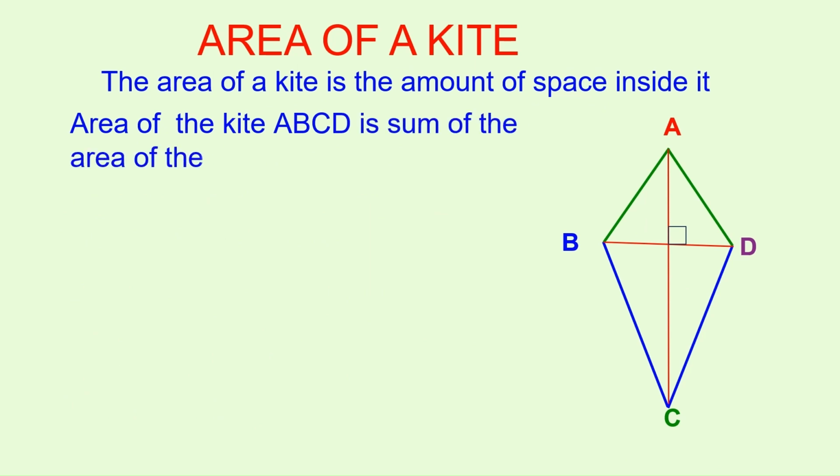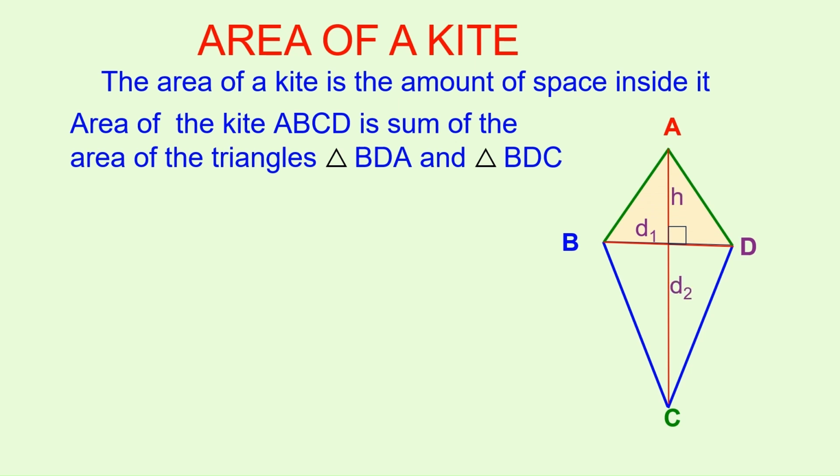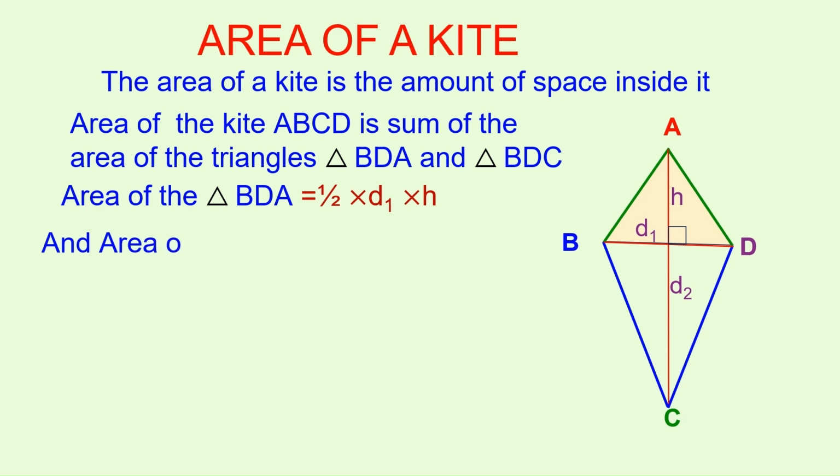Area of the kite ABCD is the sum of the area of the triangles BDA and BDC. Area of the triangle BDA equals 1/2 times d1 times h. And area of the triangle BDC equals 1/2 times d1 times (d2 minus h).